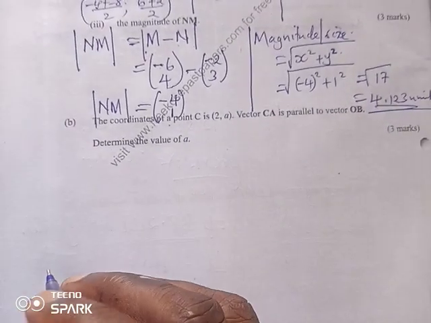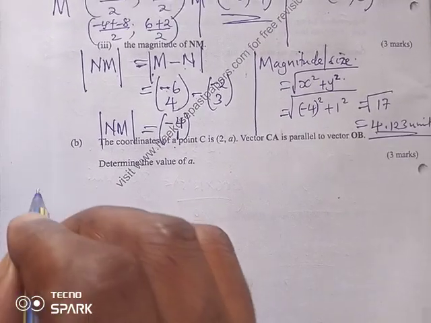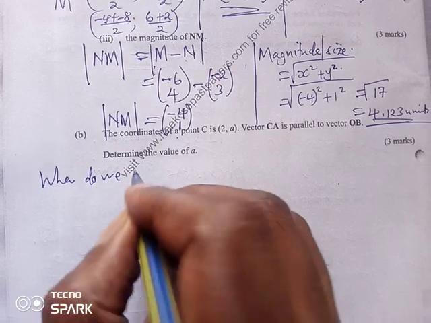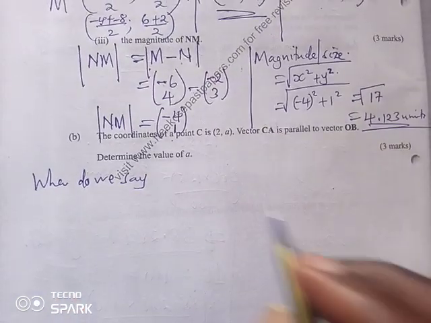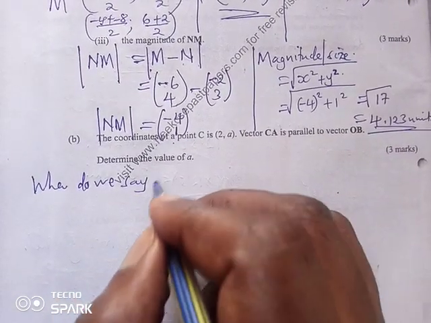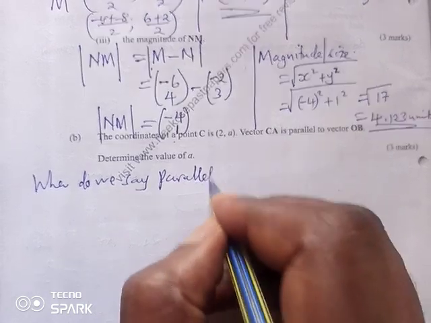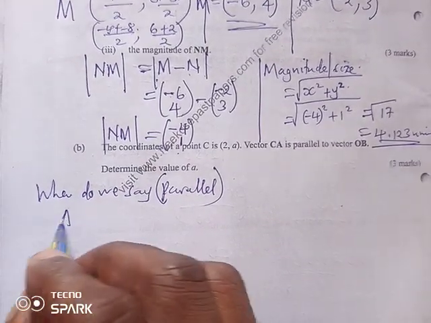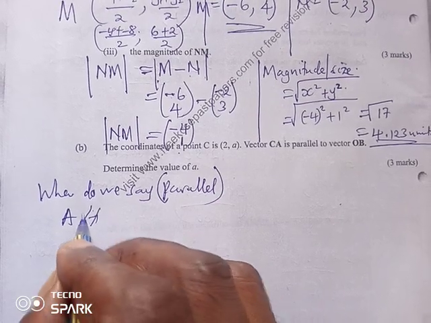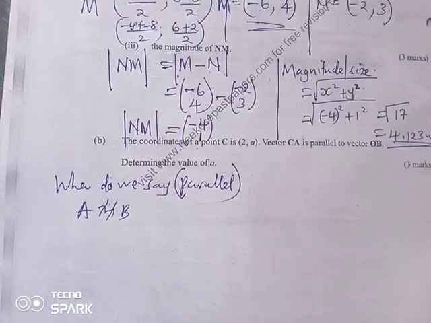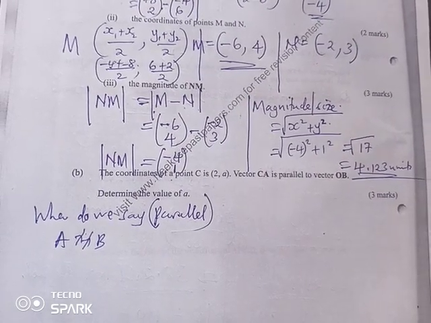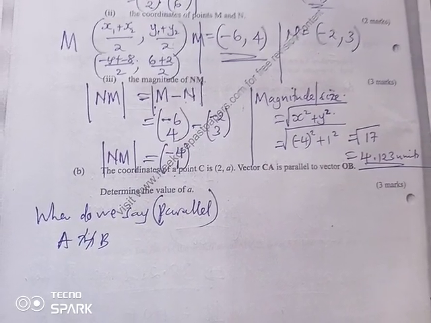So to my students, we have to remember, when do we say that two vectors are parallel? We all know the concept that if I say vector A is parallel to vector B, then they can be joined by what we call a scalar, or one can be a scalar multiple of the other.